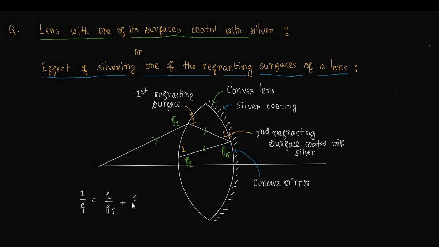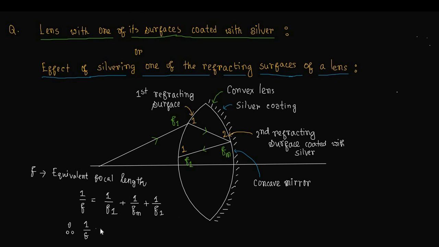Now, reciprocal of equivalent focal length, that is 1 by f, is equal to 1 by f1 plus 1 by fm plus 1 by f1 again. And in this case, f is the equivalent focal length of the convex lens whose second refracting surface is coated with silver.